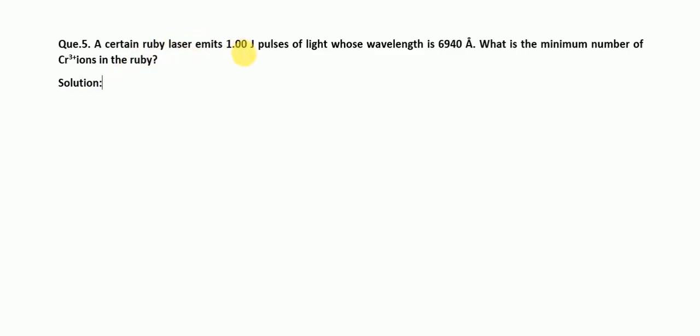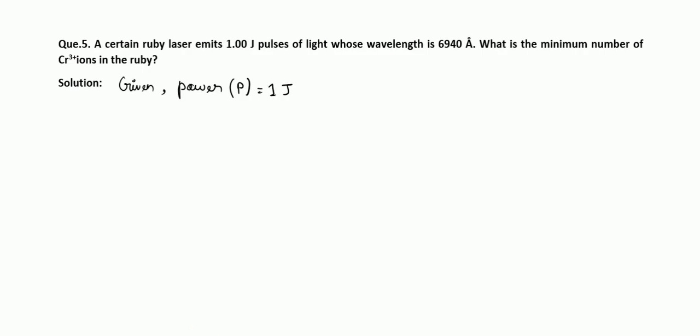So let's first check what we are given and write them down. The laser energy per pulse, which we will write as P, is 1 joule. Given: power of the laser, which we will write as P. So P is 1 joule, right?